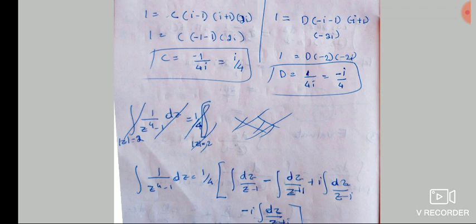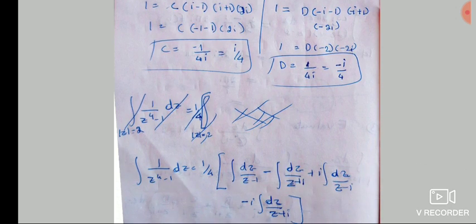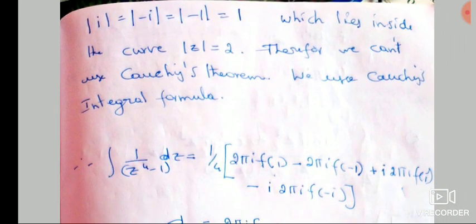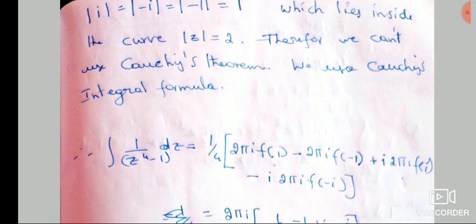Plus 1, modulus of plus 1 is also inside. The curve is modulus of z equal to 2, right? Yes, it's inside the circle of radius 2. And see, we just wrote here, modulus of i is equal to modulus of minus i is equal to modulus of minus 1 is equal to 1. So all these points lie inside the curve modulus of z equal to 2.